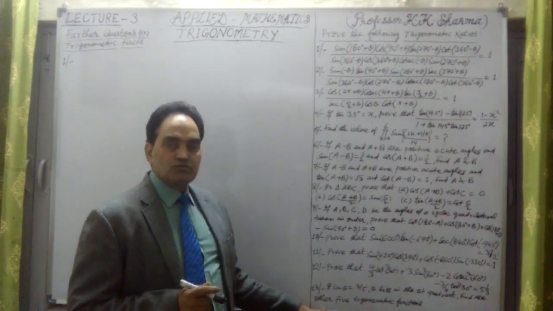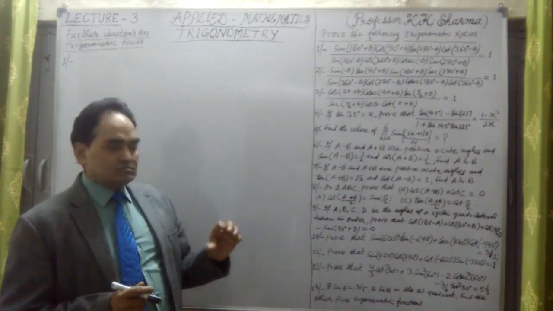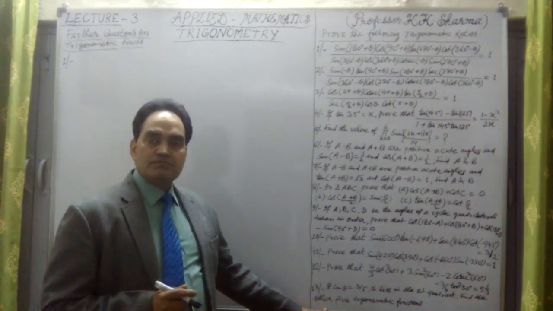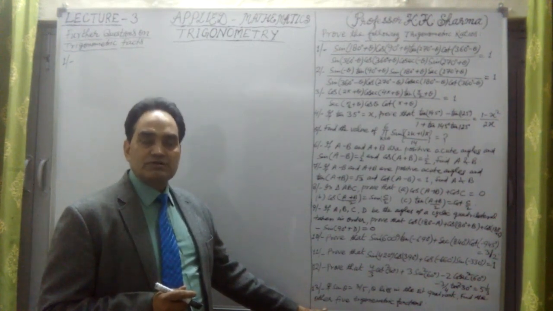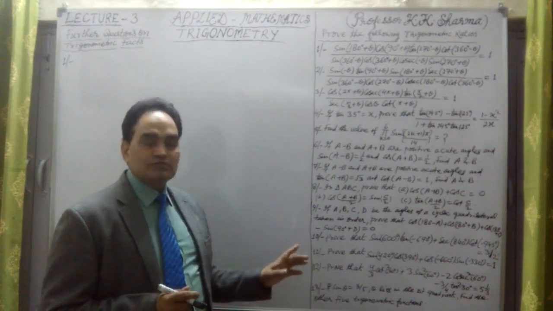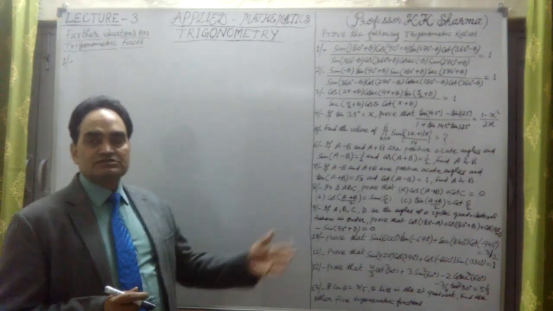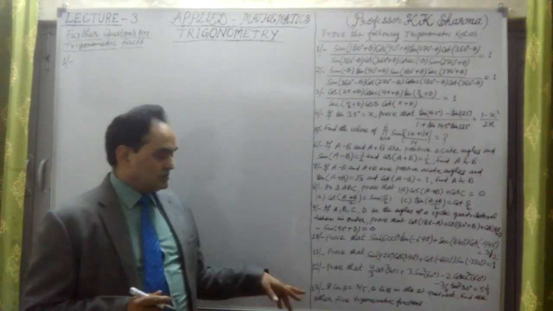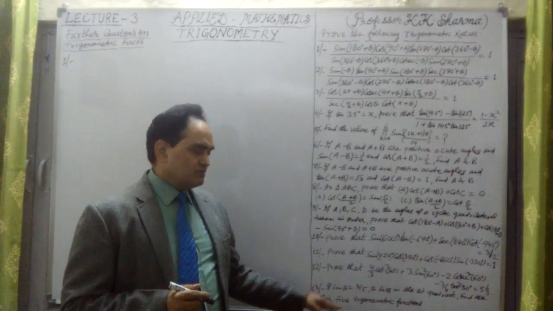The last question, the 13th one, was taken from the basic questions based on the quadrant itself, but the values of the trigonometric functions in case of sides of the triangles. These sides of triangles I'll take in the next, fourth lecture series, where I'll take this kind of basic questions.